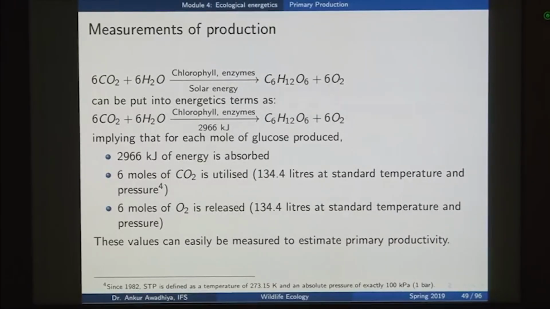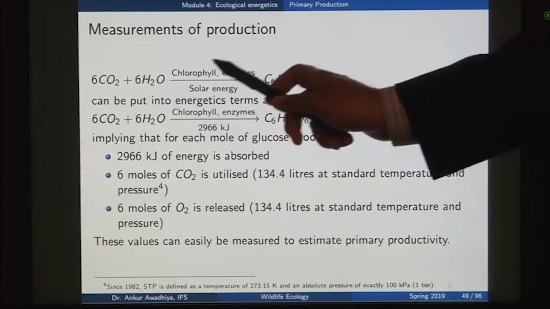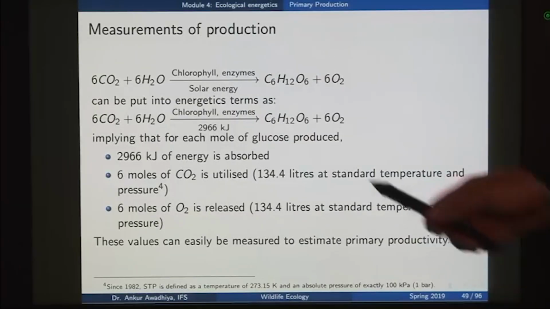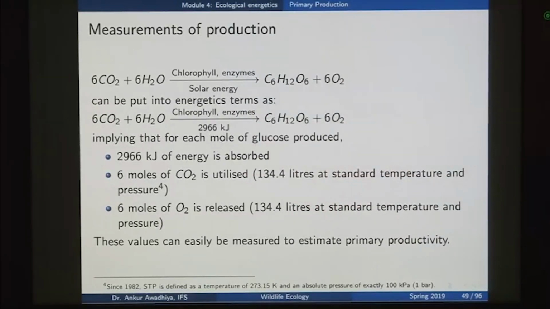So, in terms of energetics, we can ask how much solar energy is required in this process. If we compute it, it comes to around 2966 kilojoules when you have 1 mole of glucose being produced.